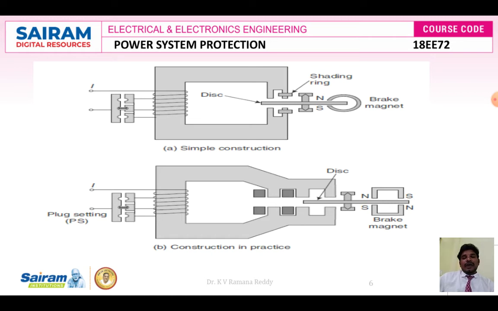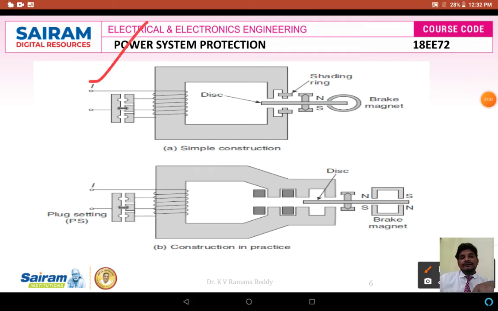In this electromagnetic relay, the primary winding is wound on the core of the transformer and the primary current I1 is flowing through the primary winding. Then it produces a flux in the primary coil which links to the secondary coil, and the induced voltage takes place in the secondary coil.